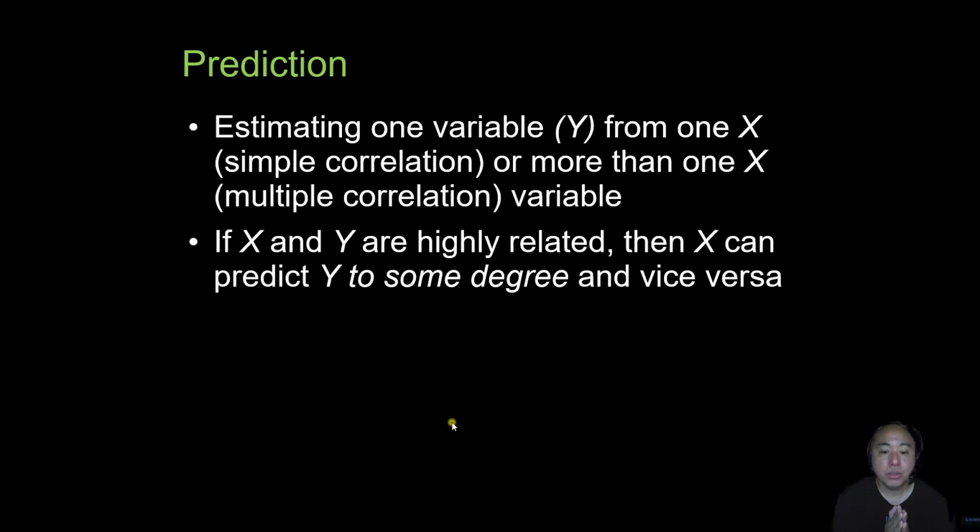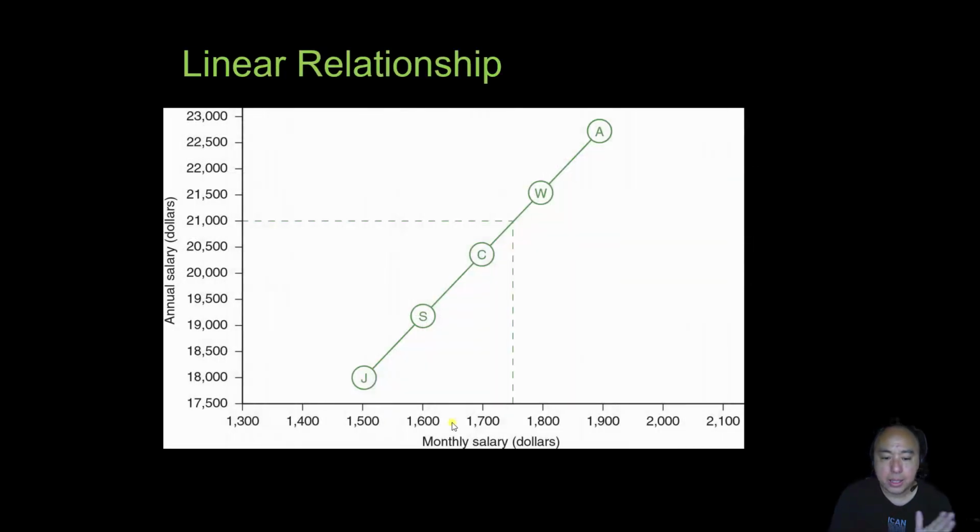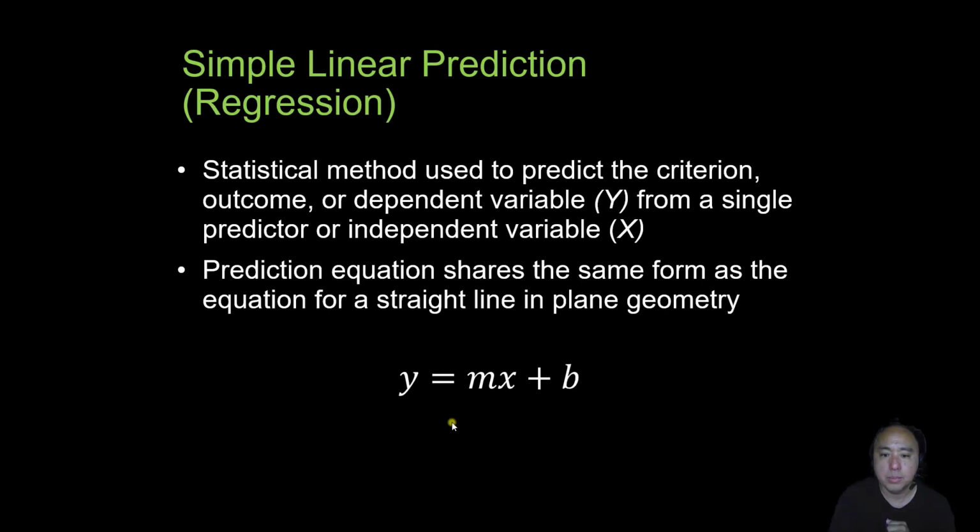Okay. So if x and y are highly related, then x can predict y to some degree and vice versa. Again, this does not imply or suggest cause and effect. The relationship takes the form of a linear line here, which can be explained with y equals mx plus b.